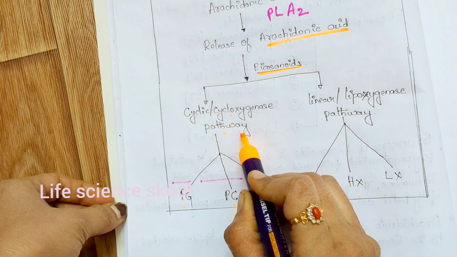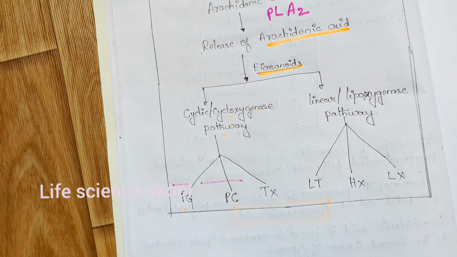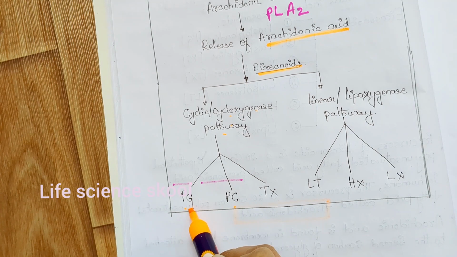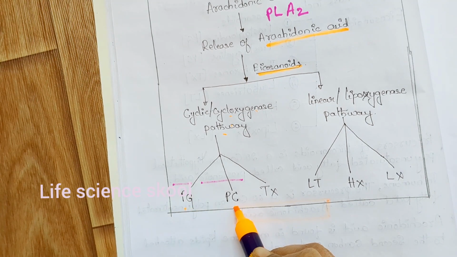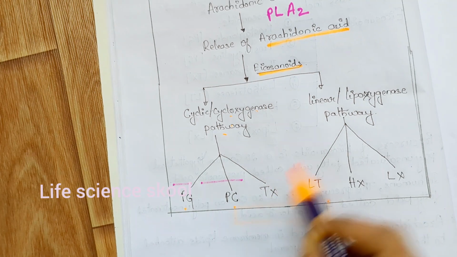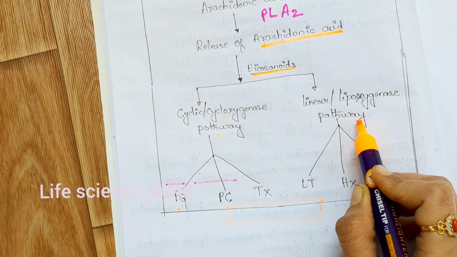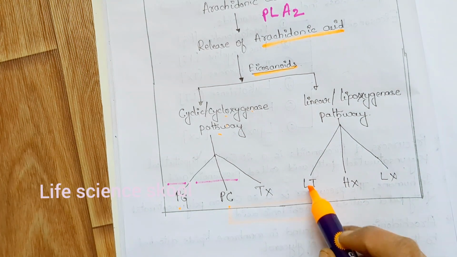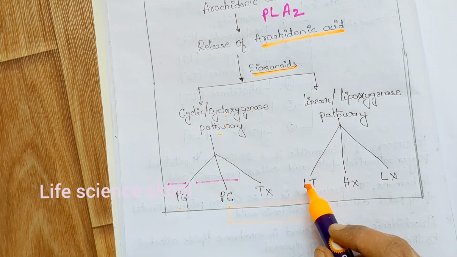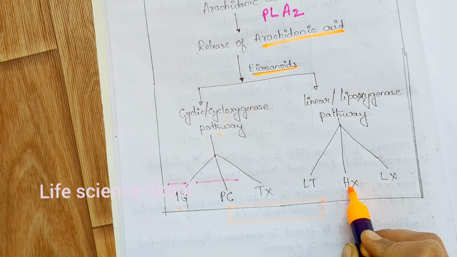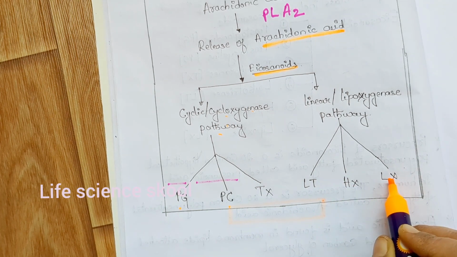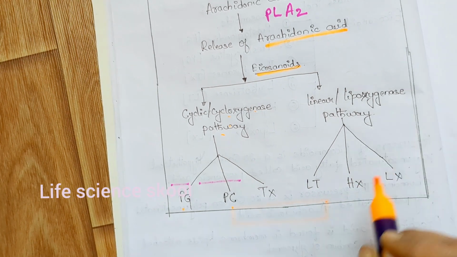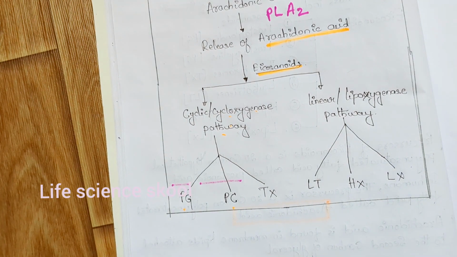In the cyclooxygenase pathway, three eicosanoids are formed: first prostaglandins, second prostacyclins, third thromboxanes. In the linear or lipoxygenase pathway, another three eicosanoids are formed: leukotrienes, hepoxilins and lipoxins.